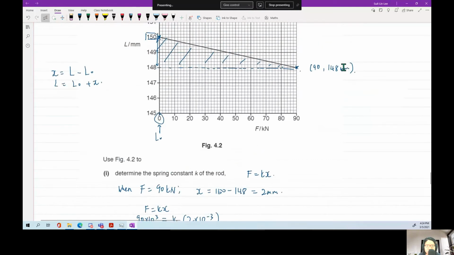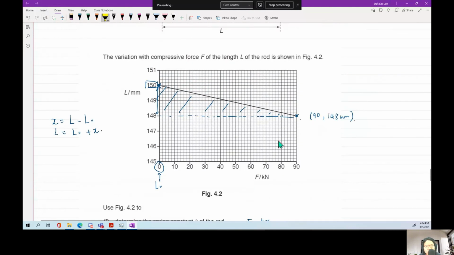Okay, let's go back to the graph. 90 kilonewton, 3 mm. 3 mm meaning I will drop from 150 to 147. This is E2, 3 mm. This is E1, 2 mm.